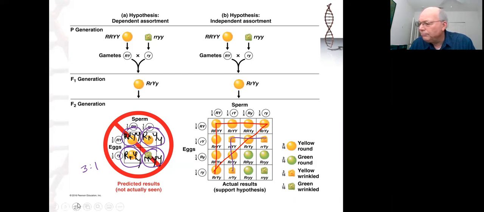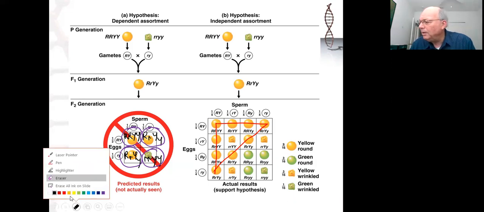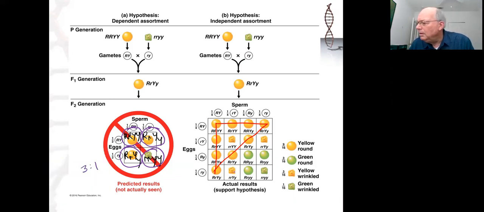Actually, let's get rid of all of that and do it this way. You get 3 of these, which is the big R with the little r with the big Y, so wrinkled and yellow.